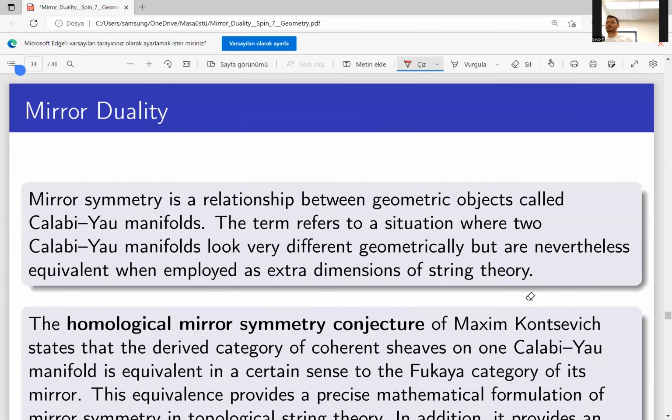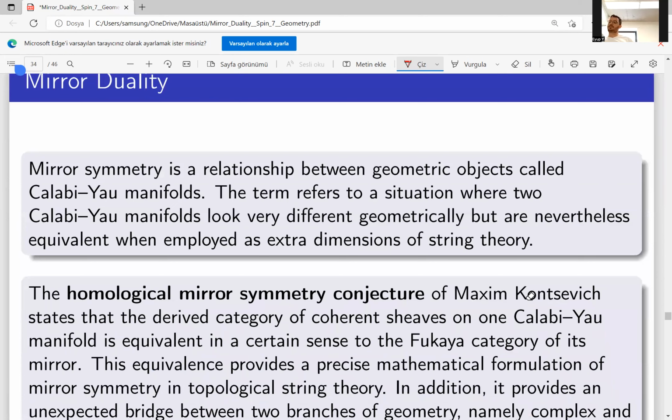So we can say that mirror symmetry is a relation between geometric objects, the Calabi-Yau. The Calabi-Yau actually contains the symplectic structure, almost complex structure, everything. For two Calabi-Yau manifolds, let's say M is a Calabi-Yau manifold in one special physical theory, and you can find the mirror dual in another space.